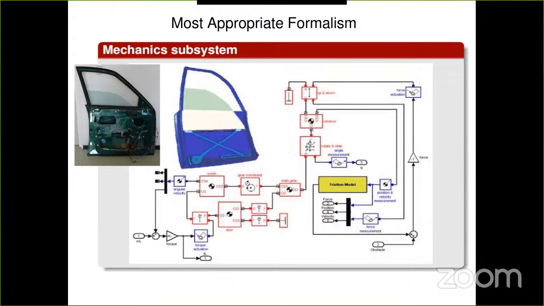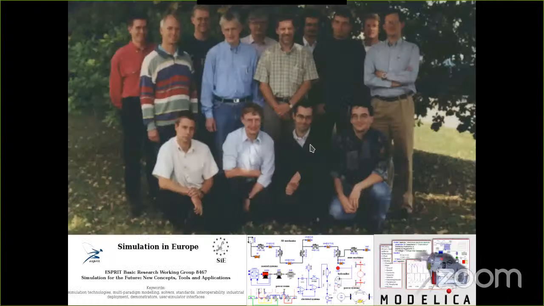And we all know that there are, at least at the level of abstraction of so-called lumped parameter models, we have gears, but we have all sorts of, here there's a worm gear. We have all sorts of rotational relationships, sliding relationships, and so forth. Okay, so most appropriate formalism.